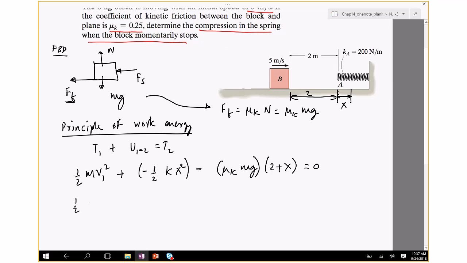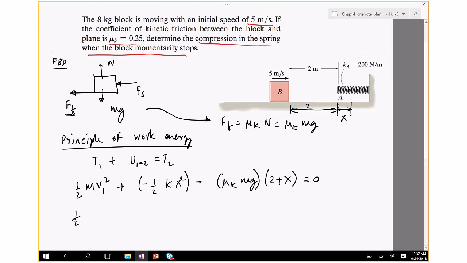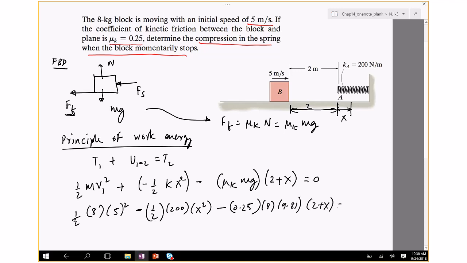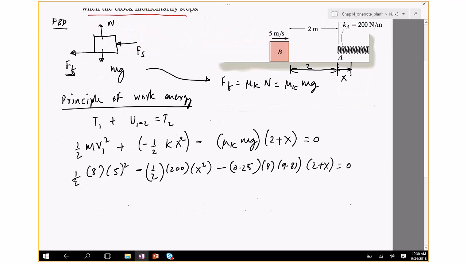So half times 8 times 5 square minus half, k is 200, x is unknown, minus mu k is 0.25, m is 8, g is 9.81, times 2 plus x equals 0. If you look at that equation, the only unknown is x. It's a quadratic equation in x. You can solve that equation. I believe your calculators can do that.